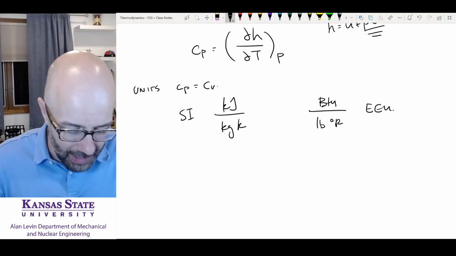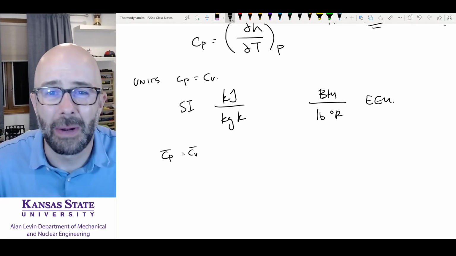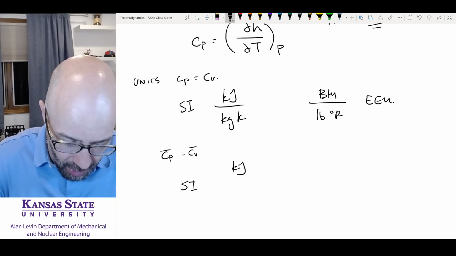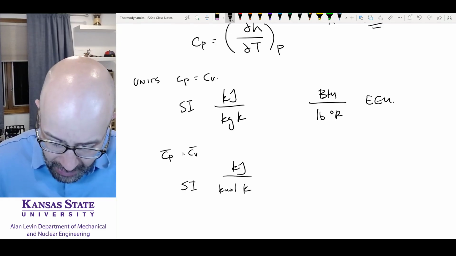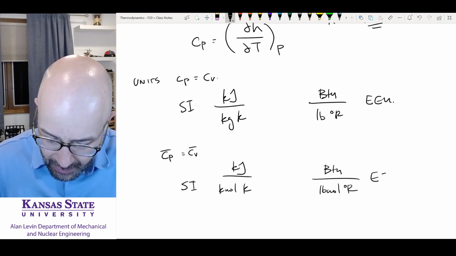Of course, sometimes we're going to talk about C sub P bar and C sub V bar, on a molar basis. In SI, that's kilojoules per kilomole Kelvin, and in English engineering units, it's BTU per pound mole degree Rankine.